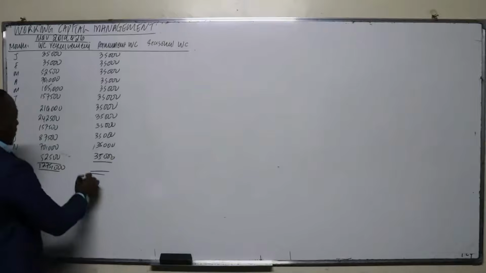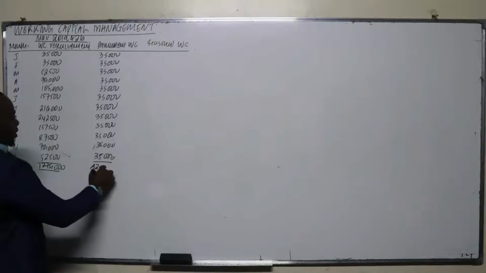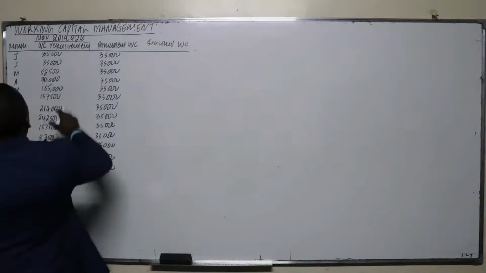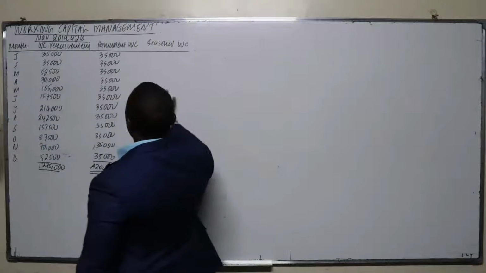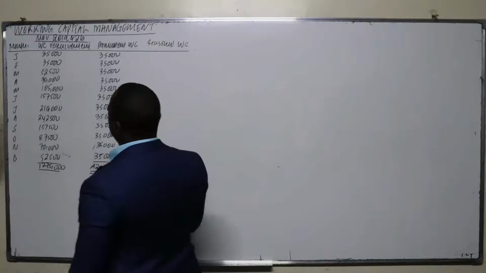Take that 35 times 12, you get 420. Then the difference between the total working capital required and the permanent will give us the seasonal or the fluctuating working capital.